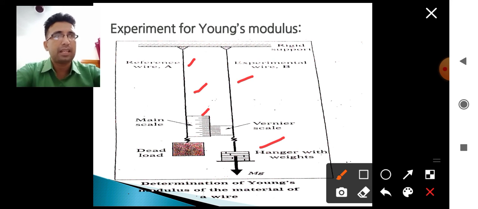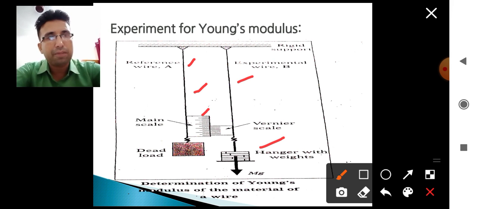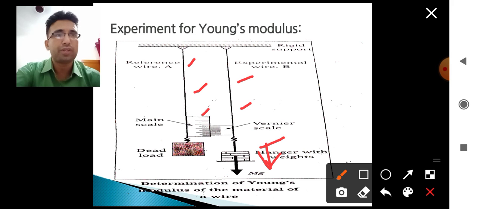If there is an increase in the weight, it will apply a normal force or normal stress in the downward direction, due to which an extension is produced in the wire, leading to an increase in the length of the wire.